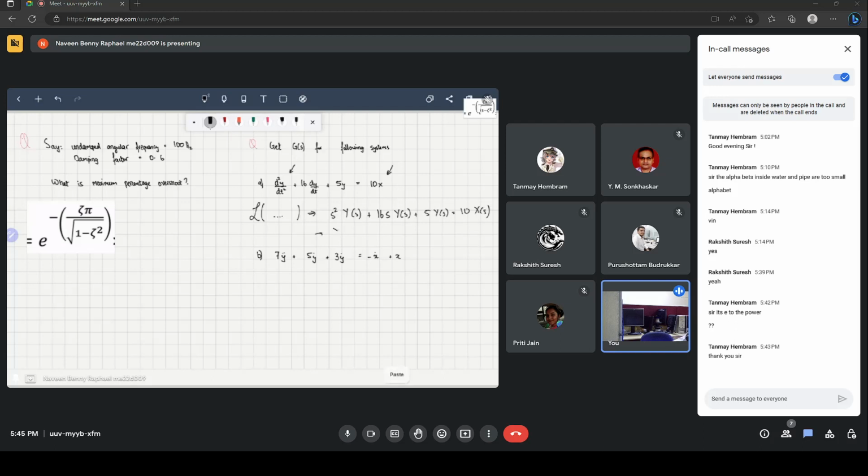That means taking Y as common, we get s square plus 16s plus 5 is equal to 10X of s.